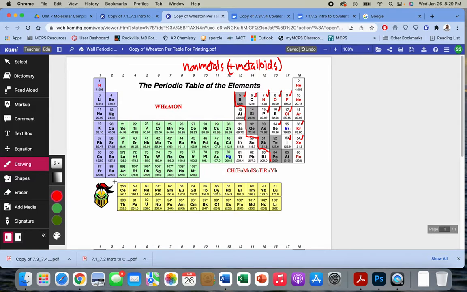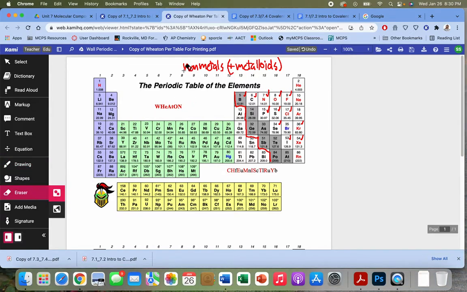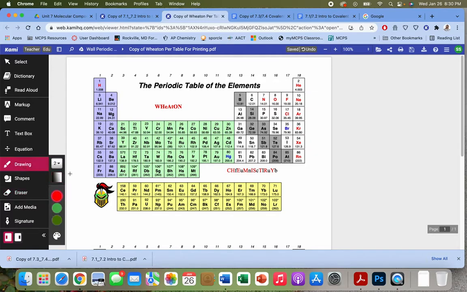Now, if you wondered why, because if you recall, in Unit 5, every compound in Unit 5 had the section from this part of the periodic table, the metals.